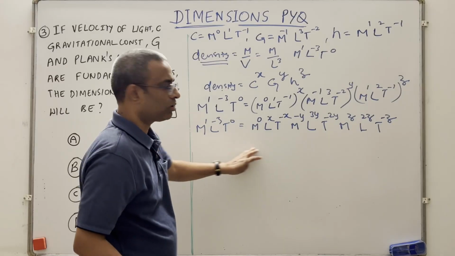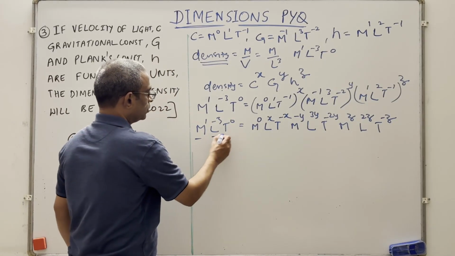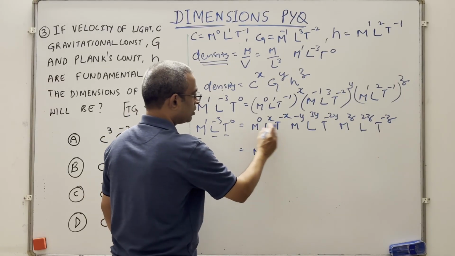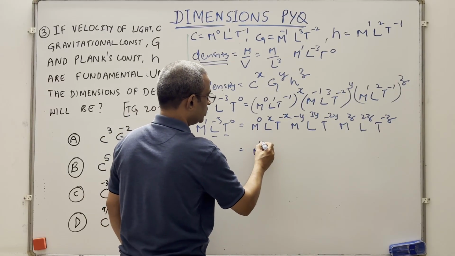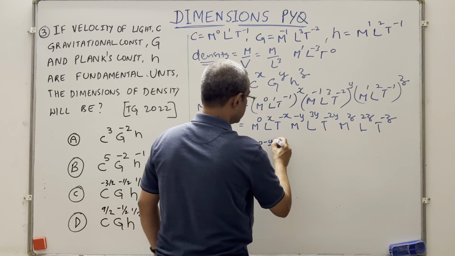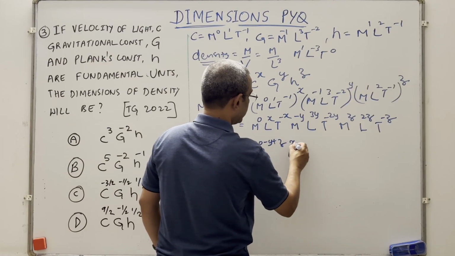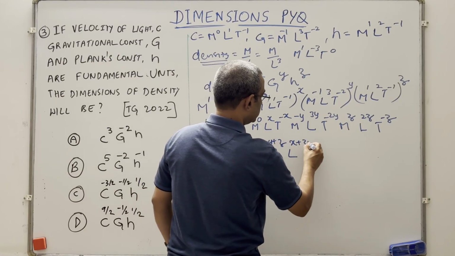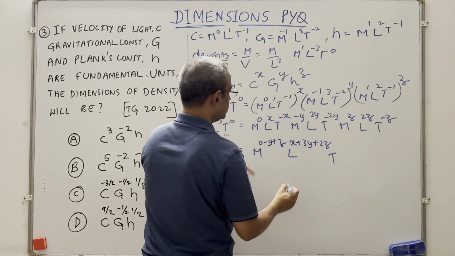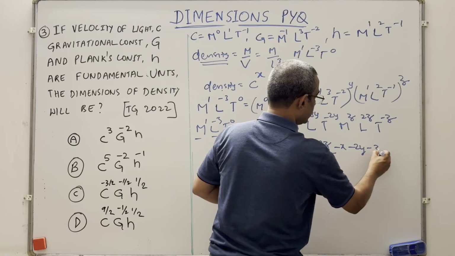Now these are all in the fundamental units of M, L and T. So comparing these, it is easy to see. Let us gather all the M's together. So we have 0 minus y plus z, L power x plus 3y plus 2z, and T power minus x minus 2y minus z.